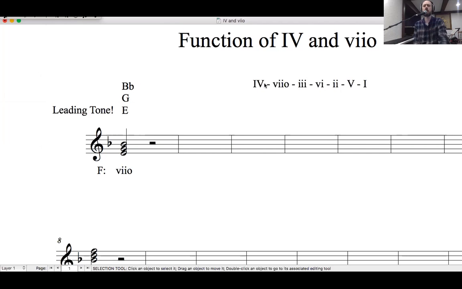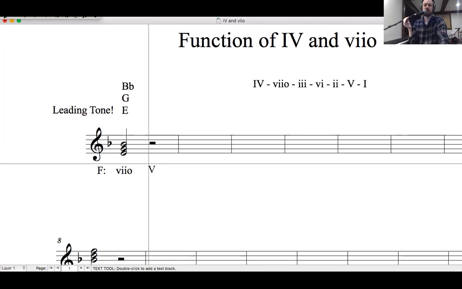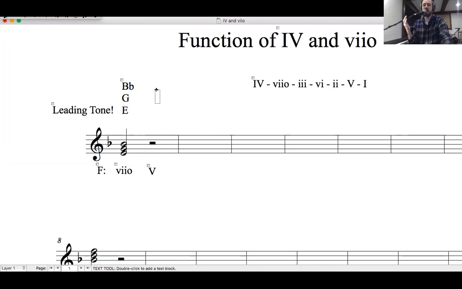What other chord really prominently contains the leading tone? Well, it's 5. The dominant chord contains the leading tone. So let's think about it: in F major, what is the 5 chord? The 5 chord in F major is a C, E, G chord.